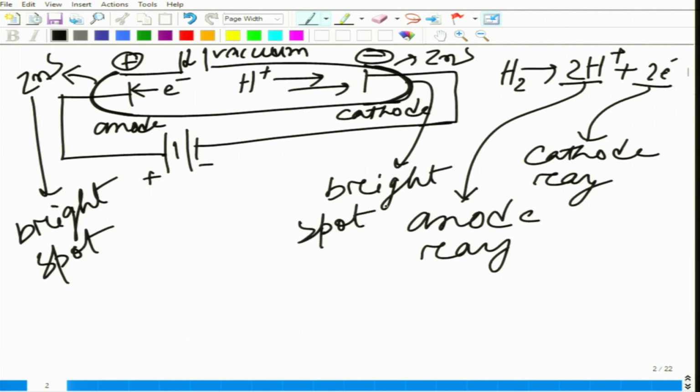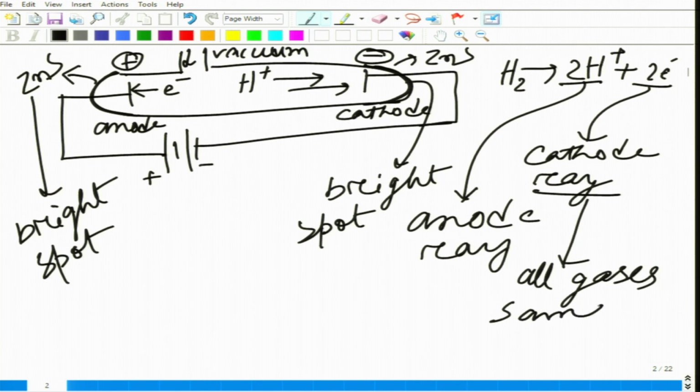But the crucial difference that was observed was that the cathode ray particles for all gases were the same. These particles were called electrons.